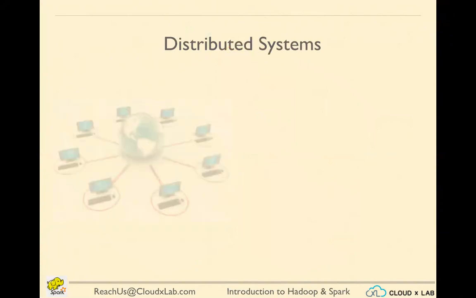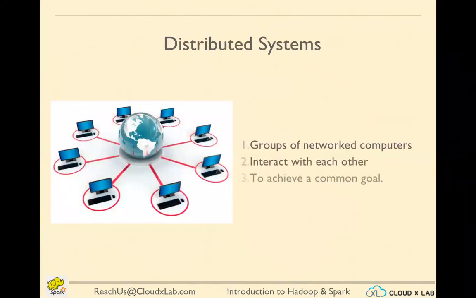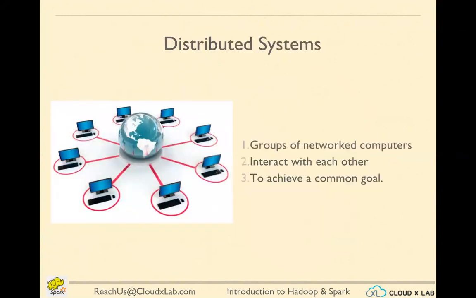All right. Now the next term that we talk about is distributed systems. What does it mean by distributed systems? Distributed systems are groups of networked computers that interact with each other to achieve a common goal.